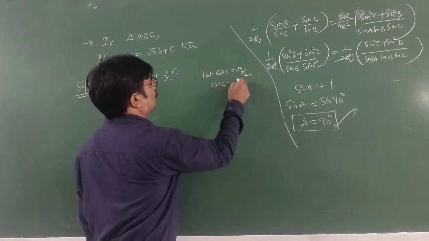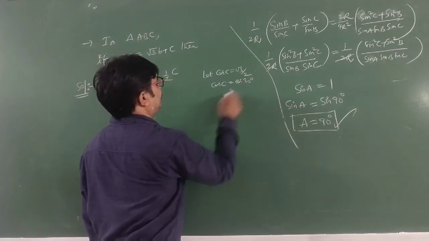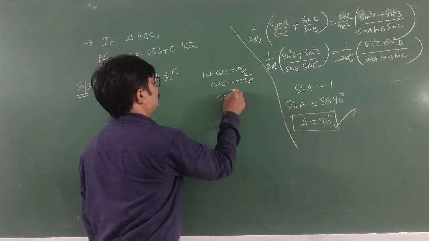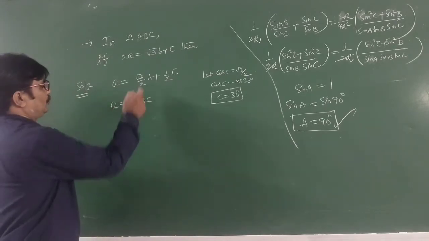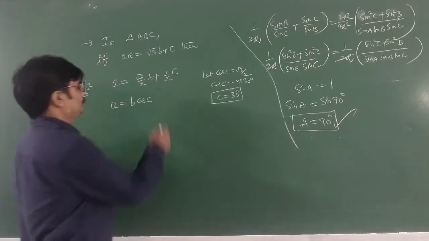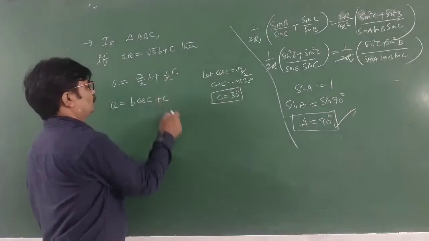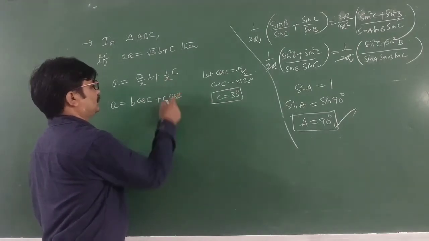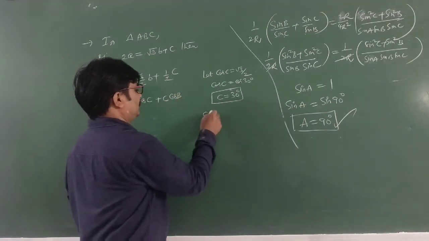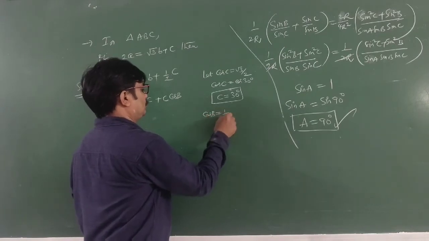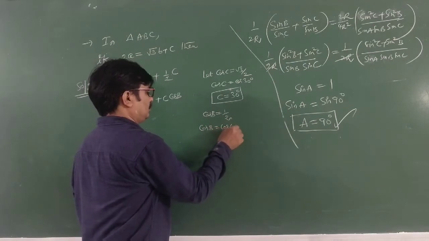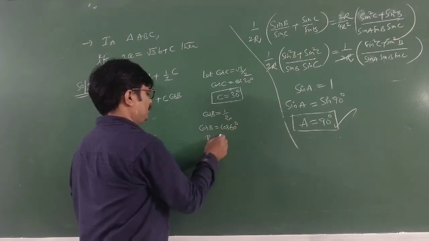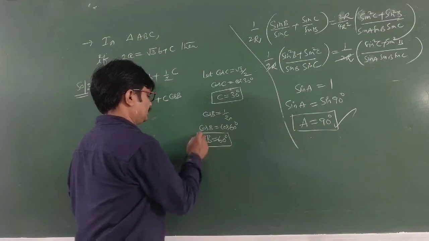Cos C equal to root 3 by 2 is 30 degrees, so C equals 30 degrees. Is it clear, students? Root 3 by 2 we are taking as cos C. So 1 by 2 we are taking as cos B. Cos B equals 1 by 2, which is the value of cos 60, so B is 60 degrees.